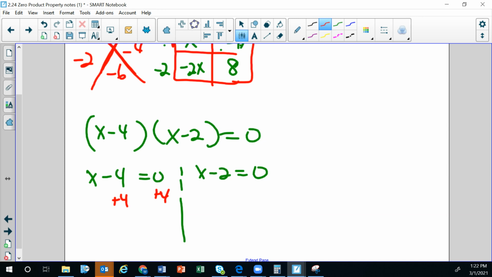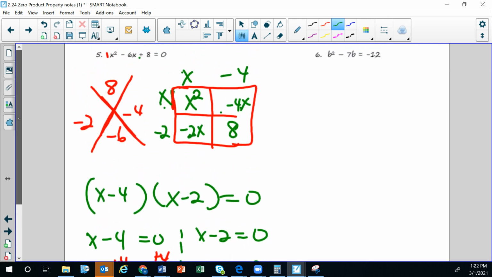That's going to give me x is equal to 4. On this side, if I add 2 to both sides of the equation, all I'm going to get is just x is equal to 2. So those are my solutions to the quadratic equation: x equals 4 and x equals 2.